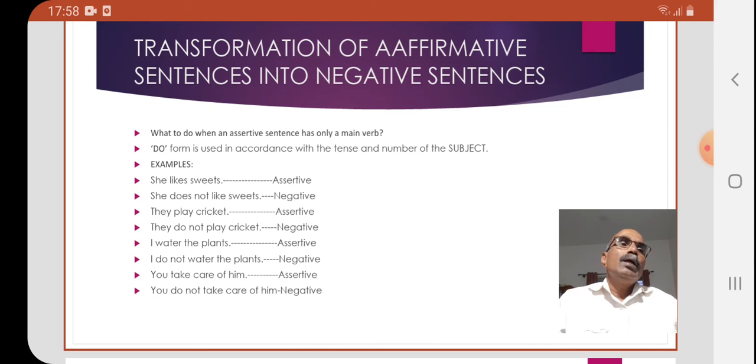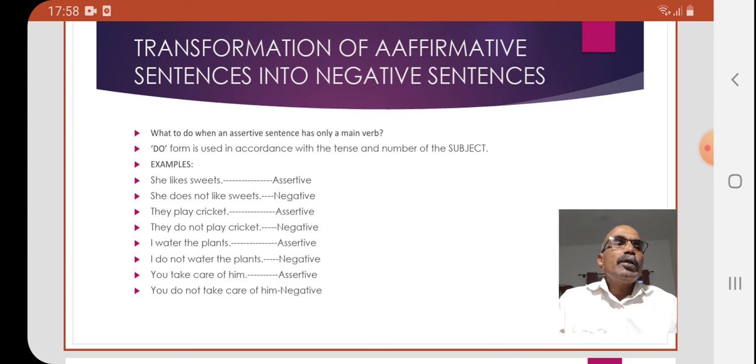You know that a verb takes es in present tense when the subject is third person singular. Here, the subject is third person plural. Therefore, the verb is in its present tense form, in its original form.